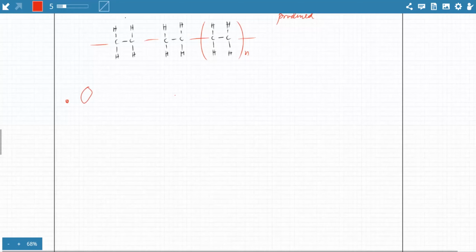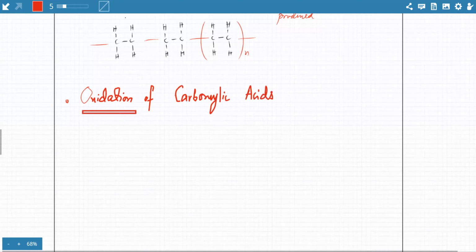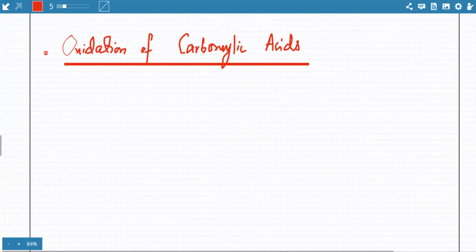अच्छा, oxidation of carboxylic acids. और उसमें खाली ये कि the only thing that you have to know is कि specifically methanoic acid. ठीक है, so methanoic acid is HCOOH that gets oxidized with toluenes or fehlings.